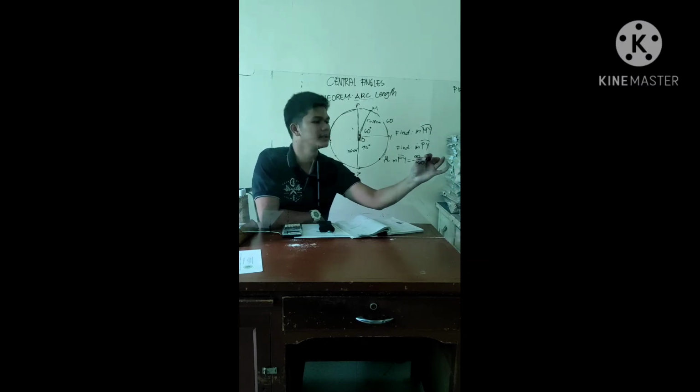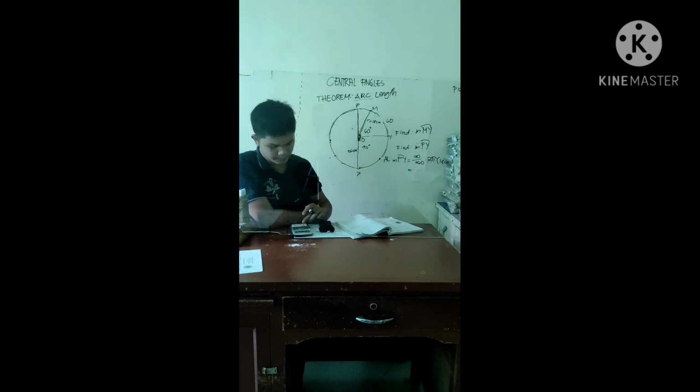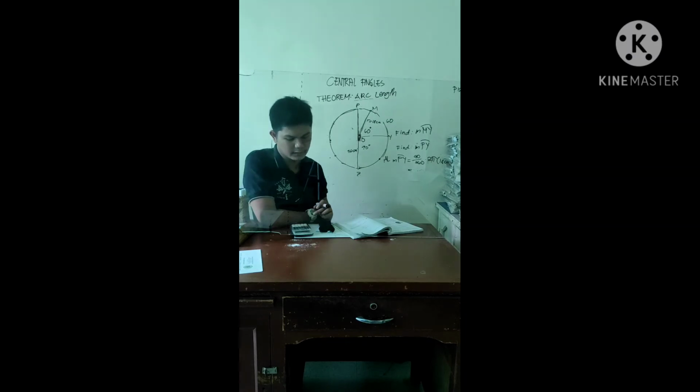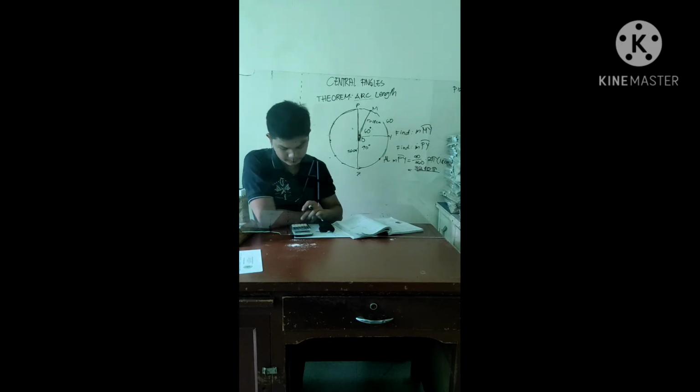So, 2 pi times 18 centimeters, that is equal to 90 times 2 times 18 is 3,240 pi divided by 360.